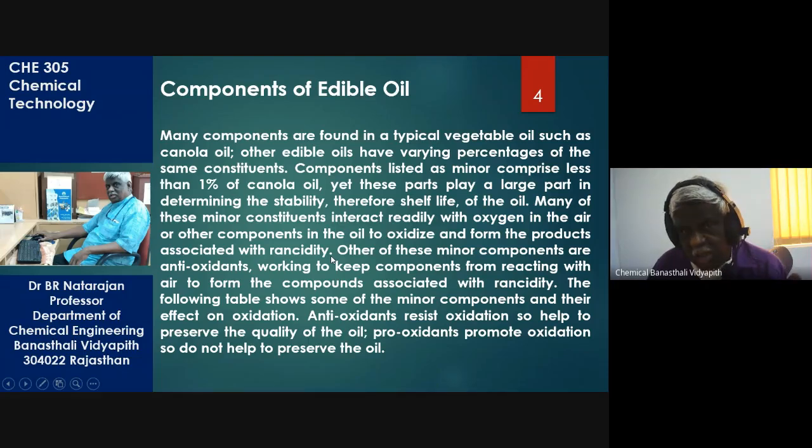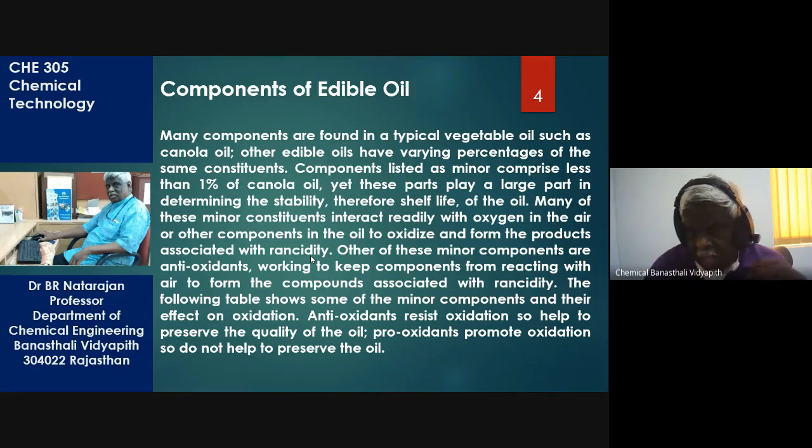You remember some oil, when you pour into the frying pan, they start foaming, etc. It is all because of a small component present which starts interacting, and this rancidity is like foaming and even foul smell, right?